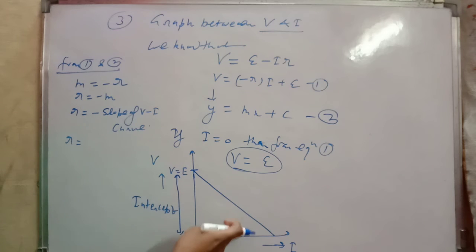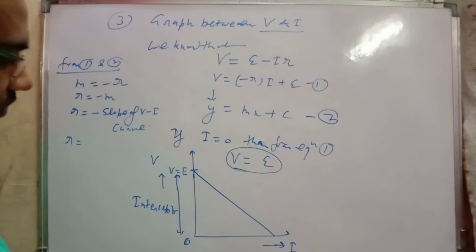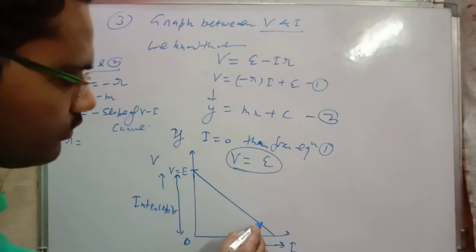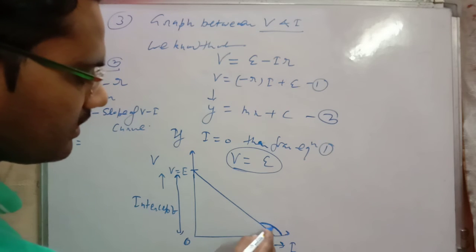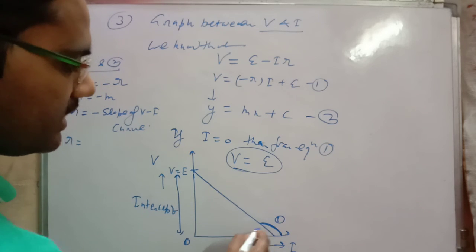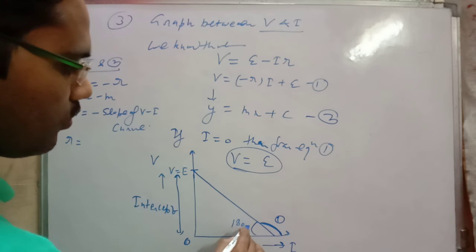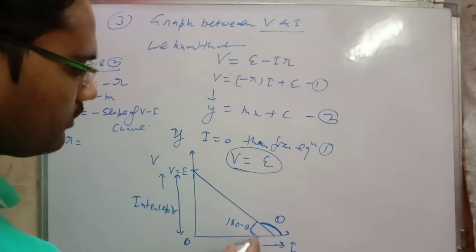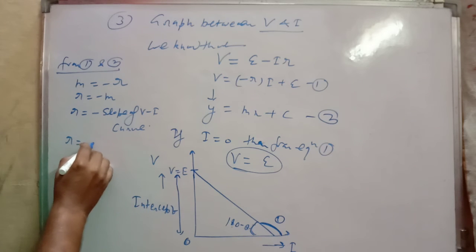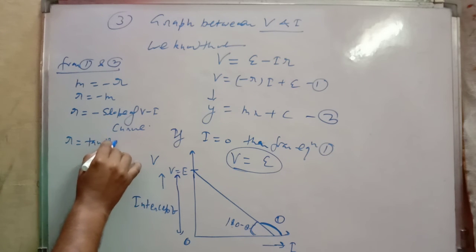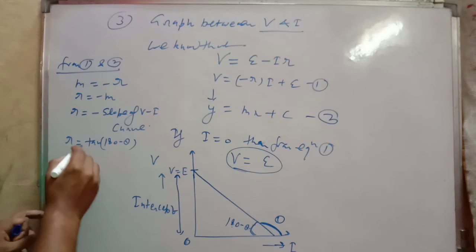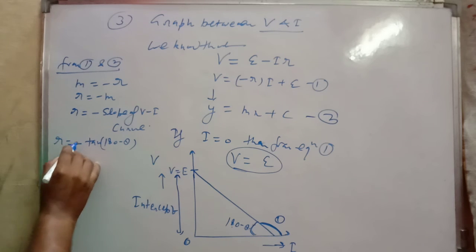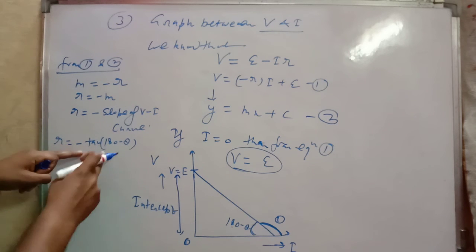And from this figure it is clear that if this one is the angle theta, then this one is 180 minus theta. Then what happens? So r is equal to tan 180 minus theta.